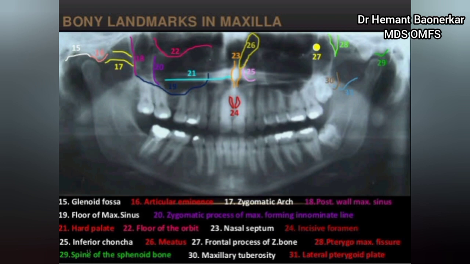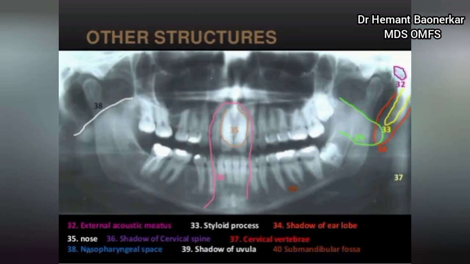We can see the anterior wall of maxillary sinuses, posterior wall of maxillary sinuses, glenoid fossa, hard palate, floor of the orbits, medial part of maxillary tuberosity, frontal process of zygoma, etc. These are the other structures which we will learn in detail in the next radiology series.